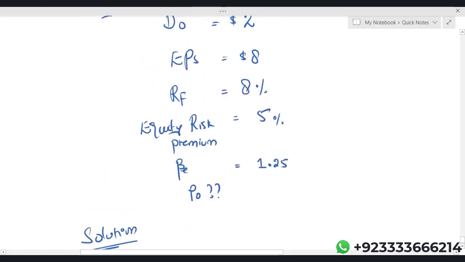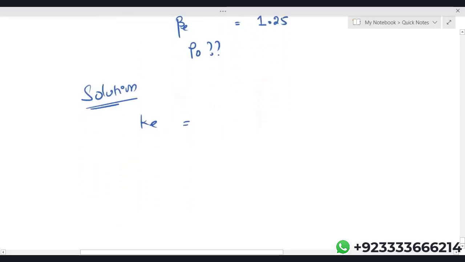RF is obviously 8%. Equity risk premium is 5. Equity risk premium, another name is market risk premium, the difference between RM minus RF.